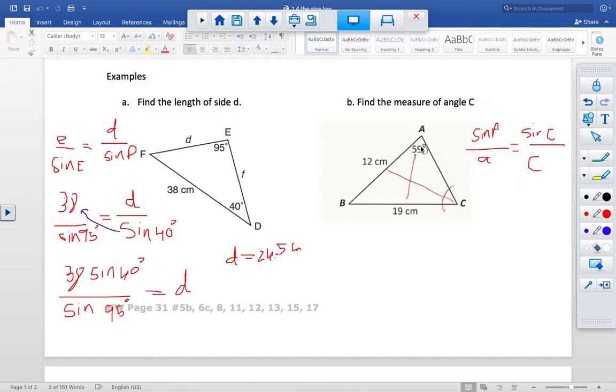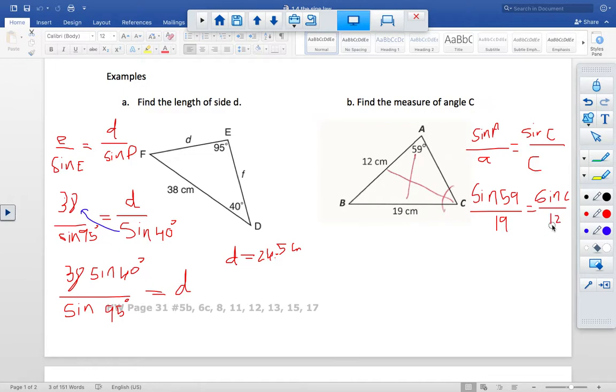So sine angle 59 over 19 equals, I don't know what angle C is, so I'm going to write sine C over 12.